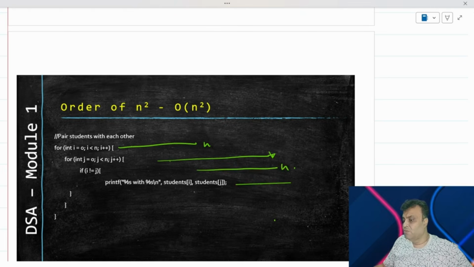Every line within the for loop will run n number of times because this line itself runs n number of times. Now if we come inside, we have another for loop. This for loop also executes itself in an order of n, and all lines inside this for loop, this line and this line, will also execute in an order of n.